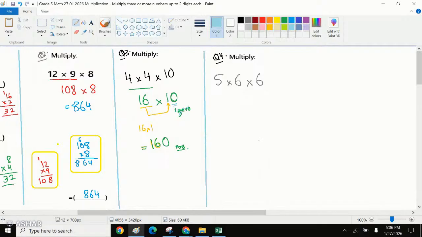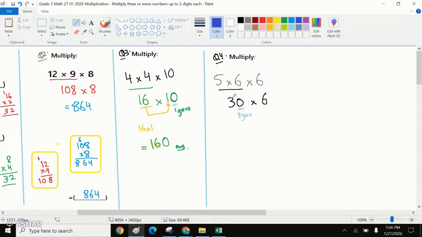Can we say 5 multiplied by 6 is 30, multiplied by 6? We can see that this is a number ending with a 0. That means there is a single 0, right?